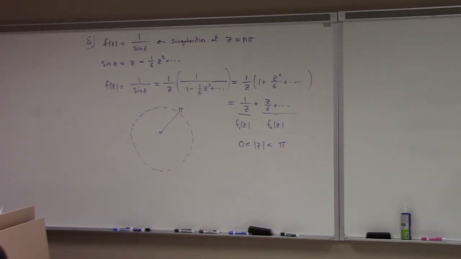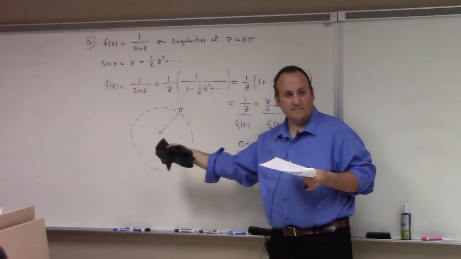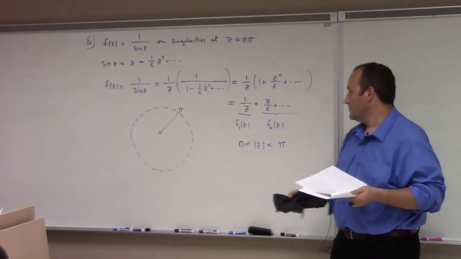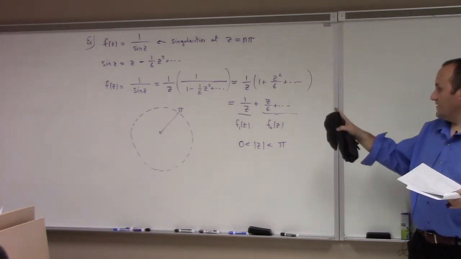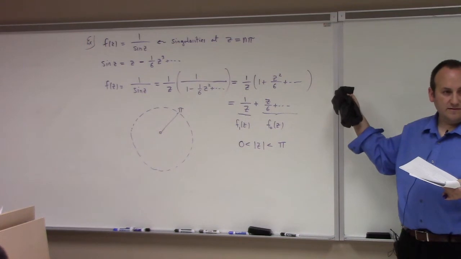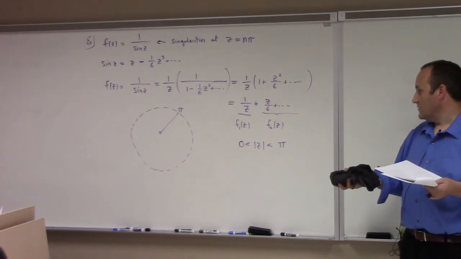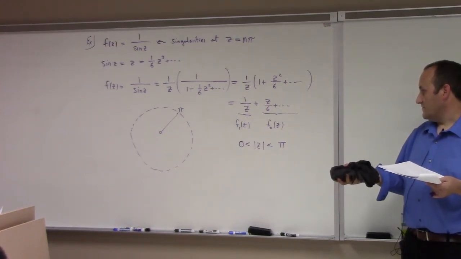The inner circle for this annulus is very silly, it's just the origin, right? And on the other hand, z over 6 plus higher order terms with z, that's going to be analytic inside the disk, actually.